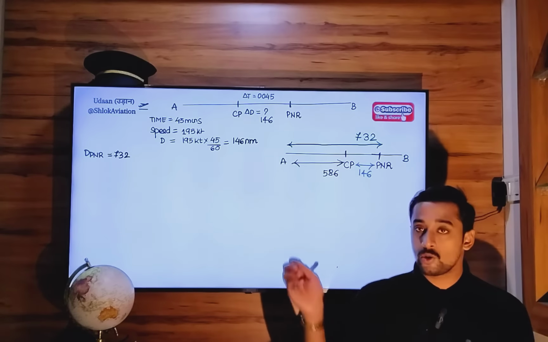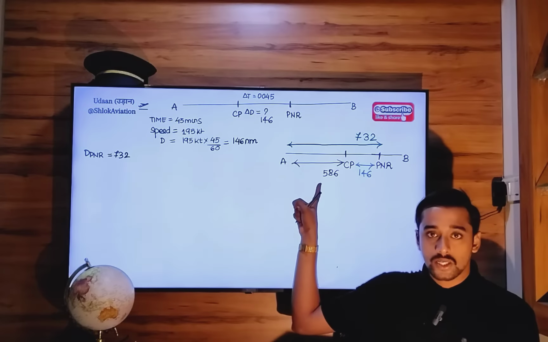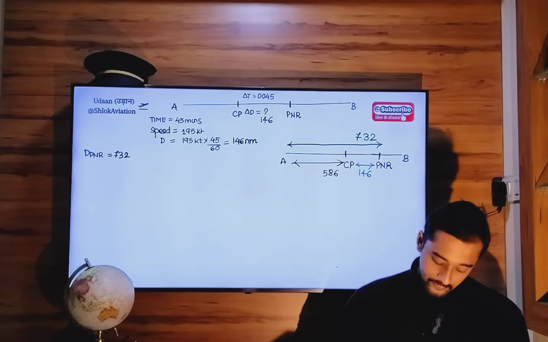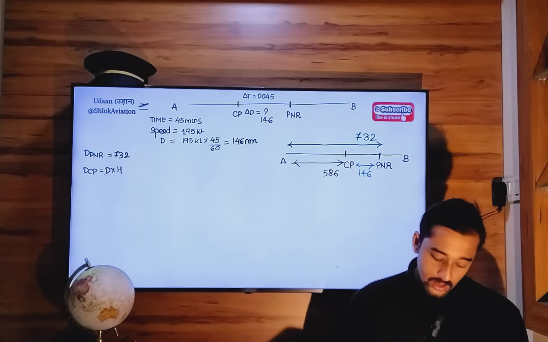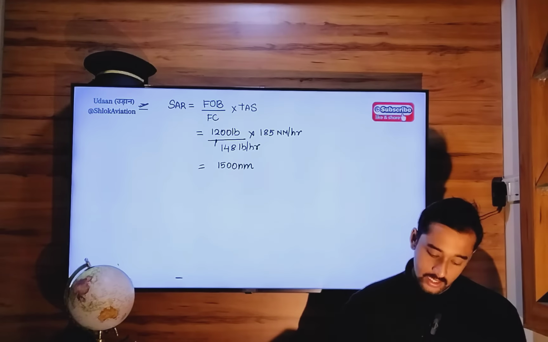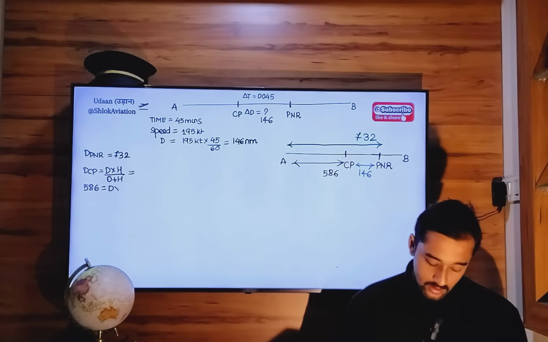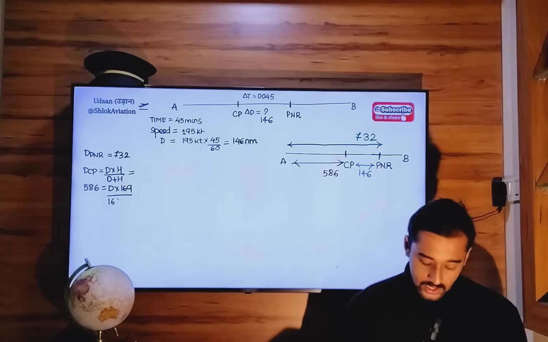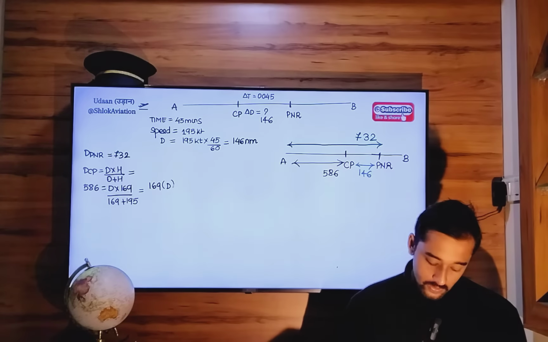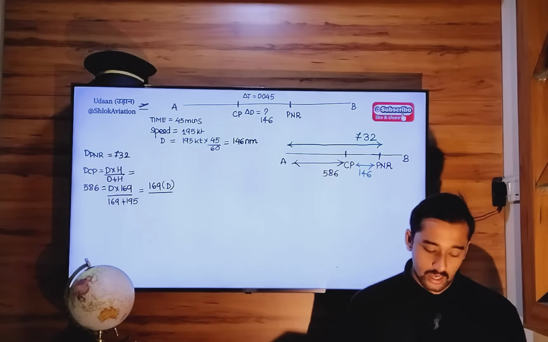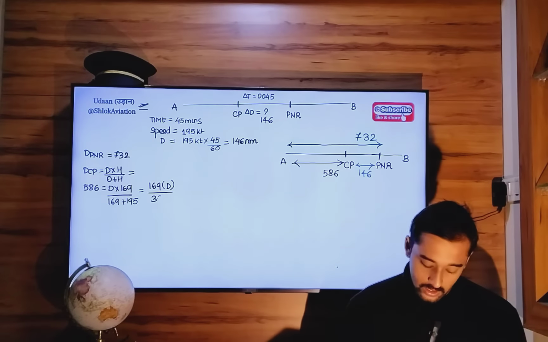Now we know the distance to critical point is 586. We can use this formula. Distance to CP is total distance D between A and B, times homebound speed, divided by outbound plus homebound. So 586 equals D into 169, divided by 169 plus 195, which is 364.